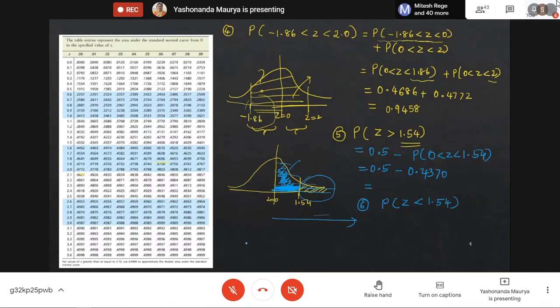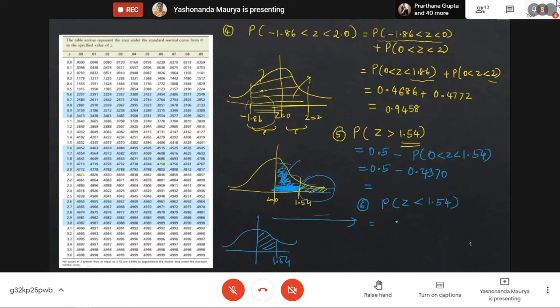When I say less than 1.54, the figure will be this. 1.54, as we have marked in the previous case, will be somewhere here. But then when I say it is less than this, what is the answer over here?